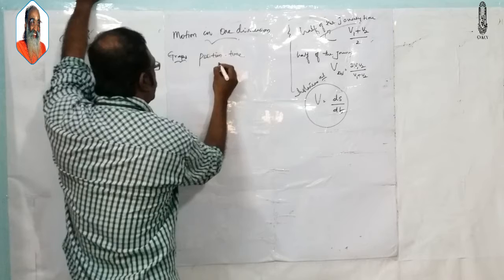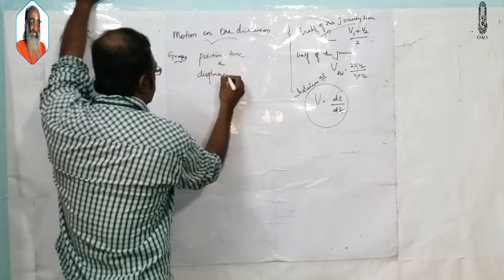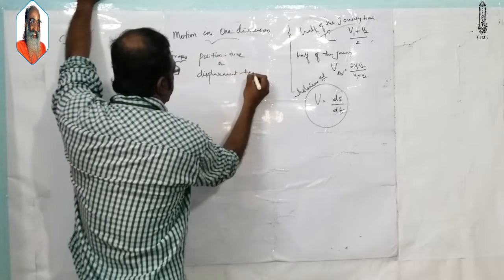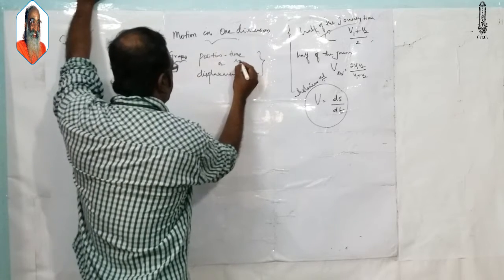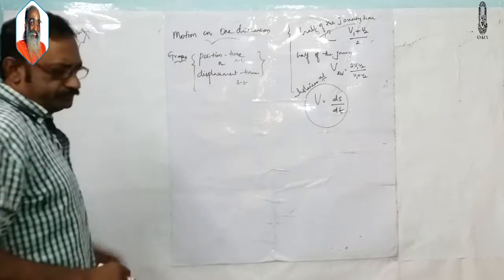Position time, or we will be calling it the displacement time graph. This can be called an xt graph or an st graph. Both mean the same.